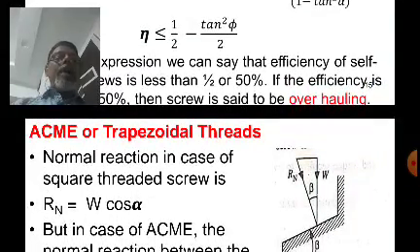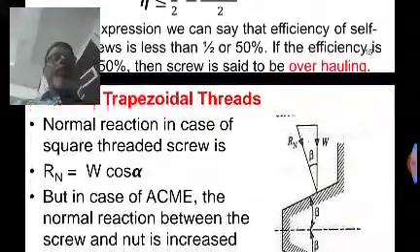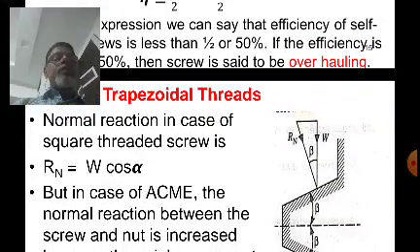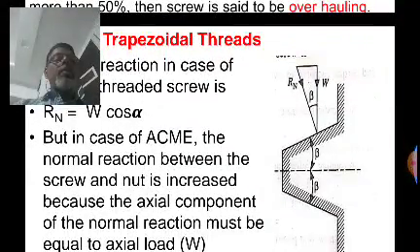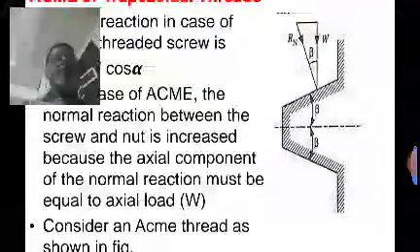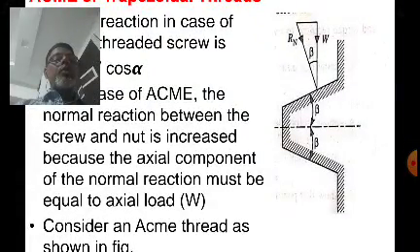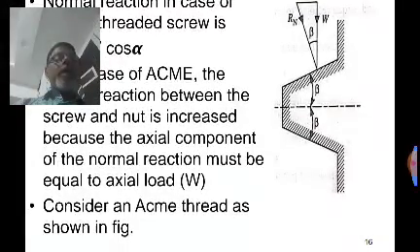Then the analysis of the ACME or trapezoidal thread. Now, instead of being square, it is slightly inclined. The load W will act vertically, so Rn is inclined at angle beta, and Rn is not now W into cos alpha, right? But in case of ACME, the normal reaction between the screw and the nut is increased, because the axial component of the normal reaction must be equal to the axial load.